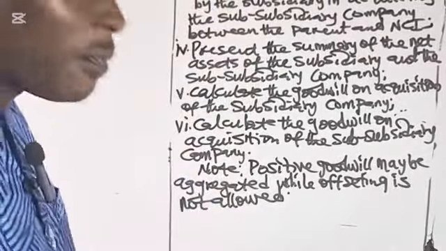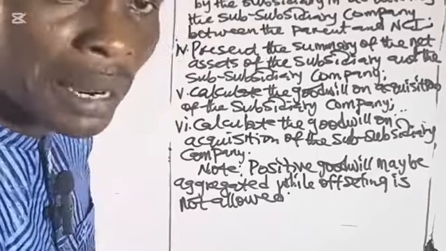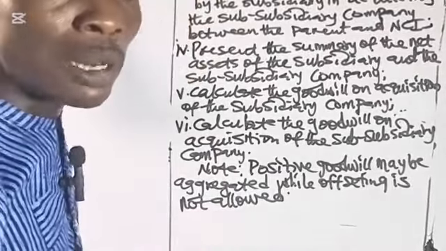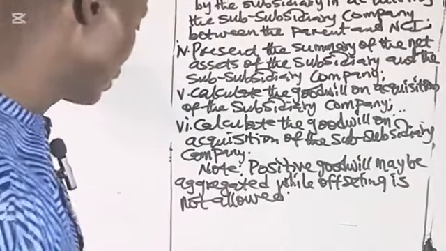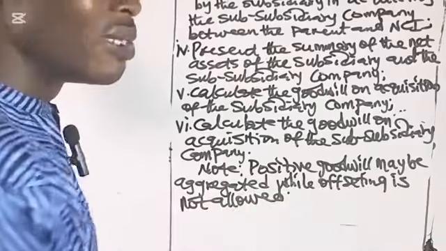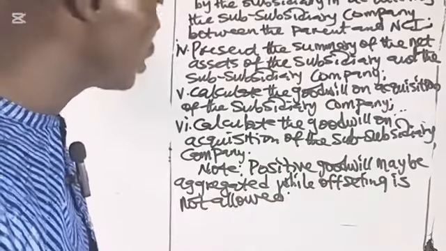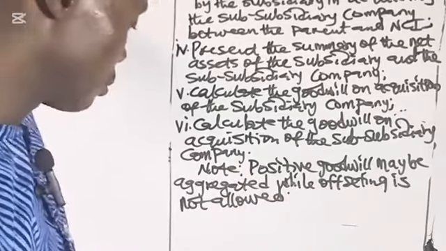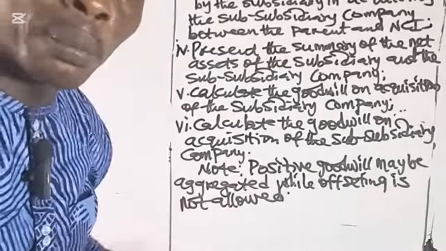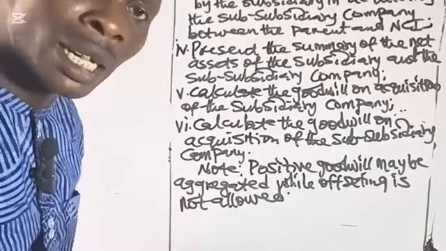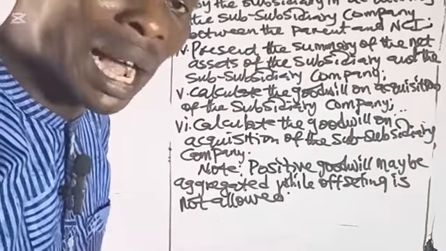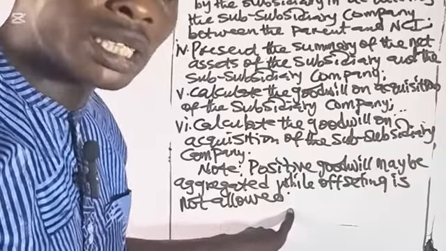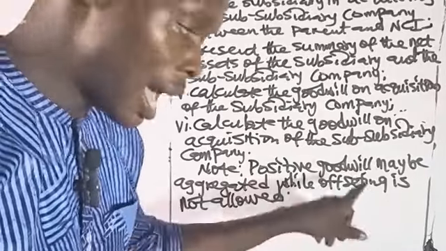The treatment of negative goodwill depends on the parent company's policy. Where the group policy is proportionate share of the subsidiary net asset, the negative goodwill, which is called gains on bargain purchase, should be added to the consolidated retained earnings.